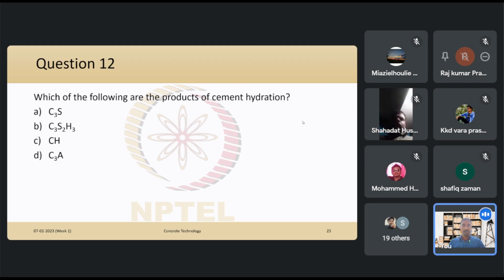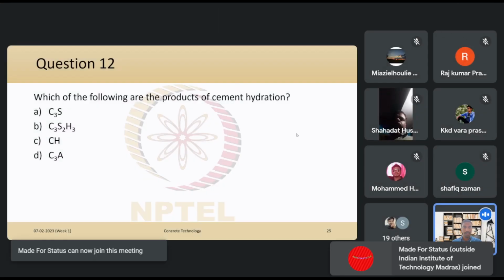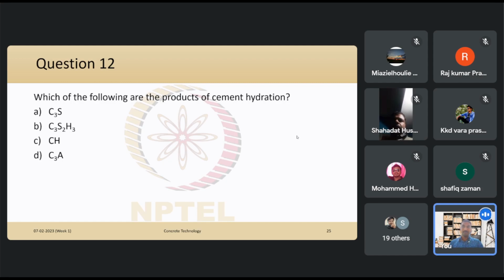So 6 votes for options B and C and 4 for option A and B. I see why that is happening. Some of you are not clear with what is asked in the question. Maybe that's causing the confusion. But we'll just wait for some time and look at the answer.